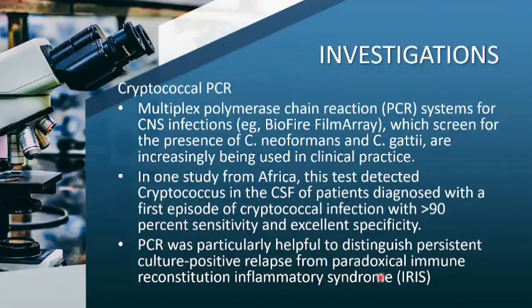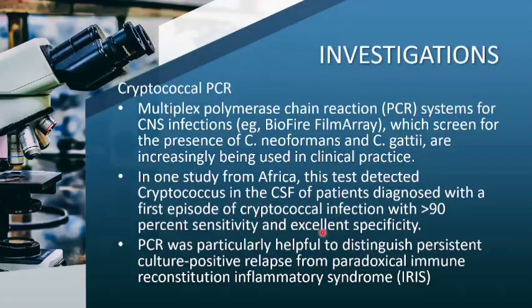So, okay. Next one is cryptococcal polymerase chain reaction, right? There is BioFire and FilmArray. Well, these ones are expensive, but they can also be done, right? So in one study in Africa, this test detected cryptococcus in the cerebrospinal fluid of patients diagnosed with a first episode of crypto with over 90% sensitivity and excellent specificity, right?